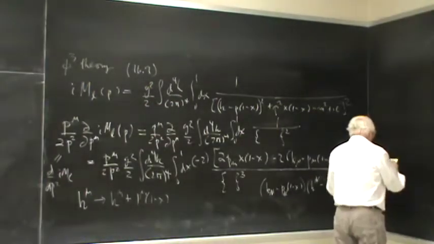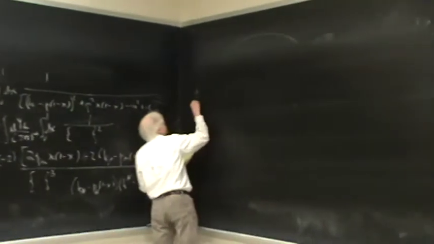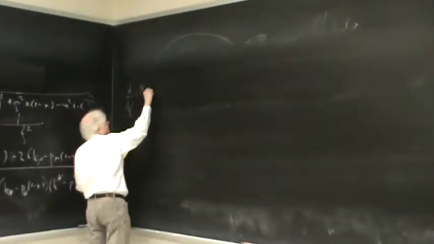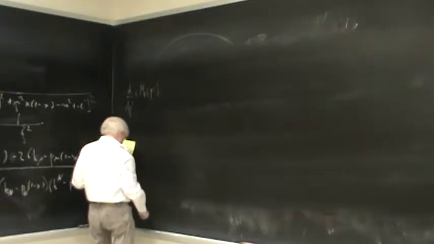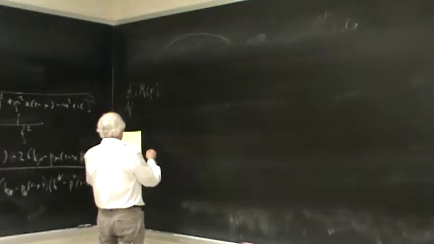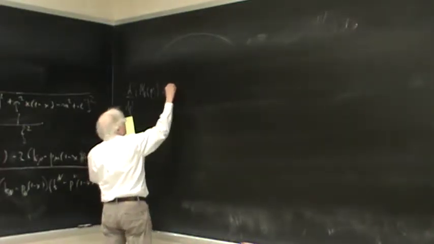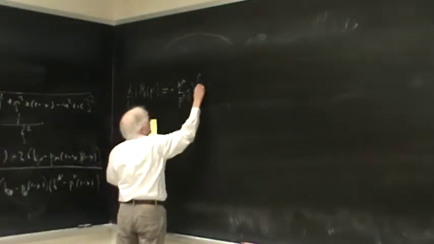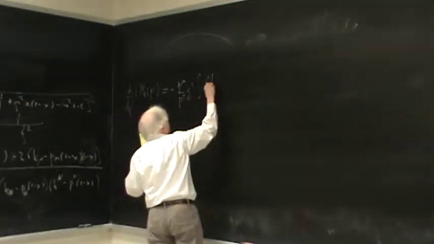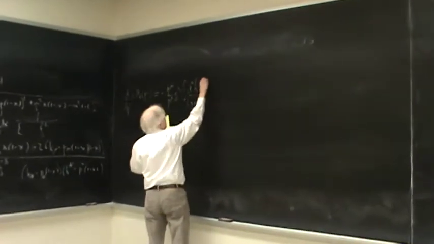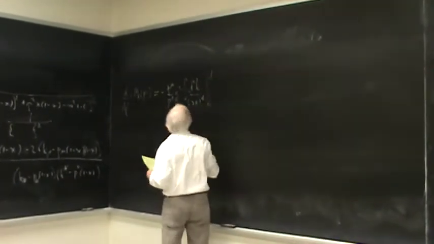And so what I'm getting then is d dp squared of I and L of, let us say, p squared, because it really is p squared, is minus p mu over p squared g squared integral d4 k over 2 pi to the 4th integral 0 to 1.